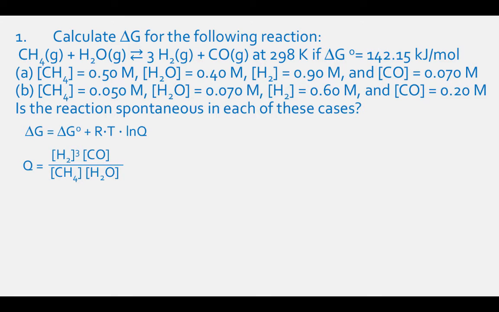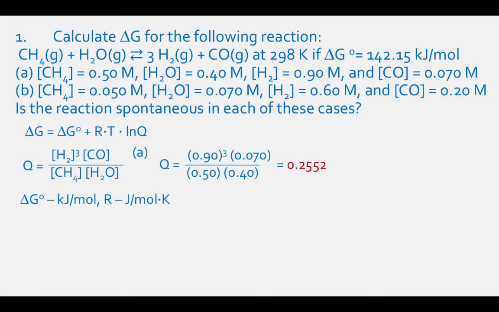For part A, plug the values into the Q expression, and we have 0.90 cubed times 0.070 divided by 0.50 times 0.40, which equals 0.2552.